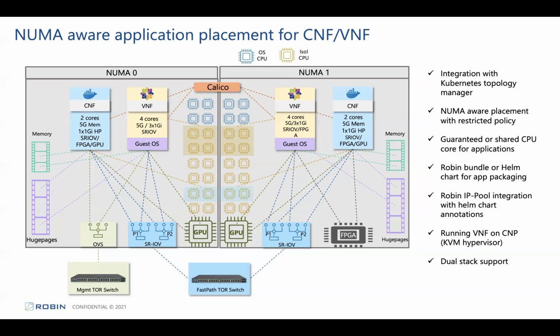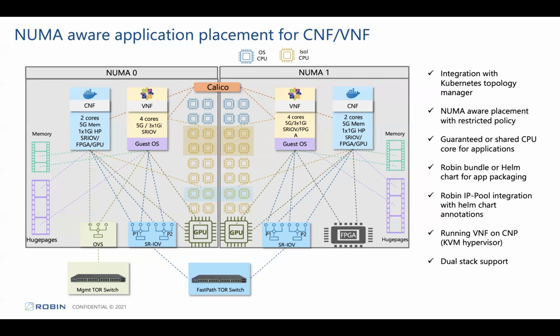So in order to do that, Robin automatically takes care of scheduling your application into the same NUMA node based on the input from your application packaging. Such as your Robin bundle, you can say, I want reserved CPU, or in Helm chart, I want a guaranteed pod. So then Robin would look for all the available hosts, and wherever there is a single NUMA node with all the resources available, we'll take care of that.